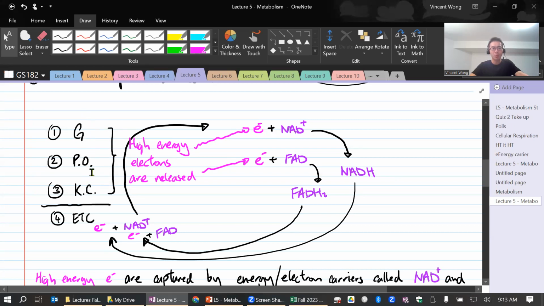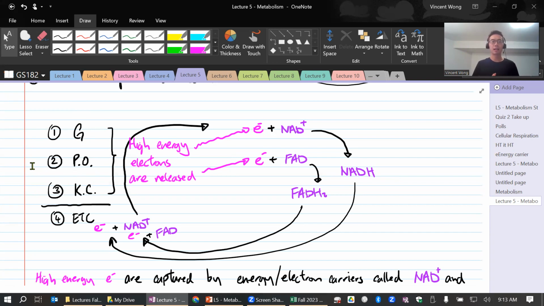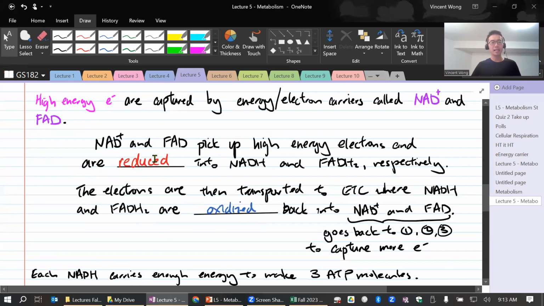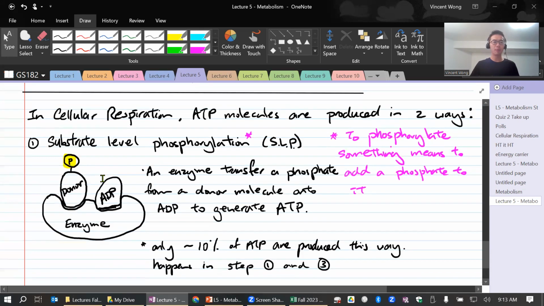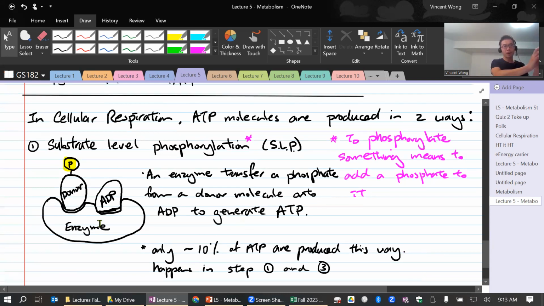Along the way, in step 1, 2, 3, we produce a little bit of ATP, 10% of the total of 36 ATP. We make some using substrate level phosphorylation, where an enzyme helps us transfer a phosphate from a donor onto ADP.